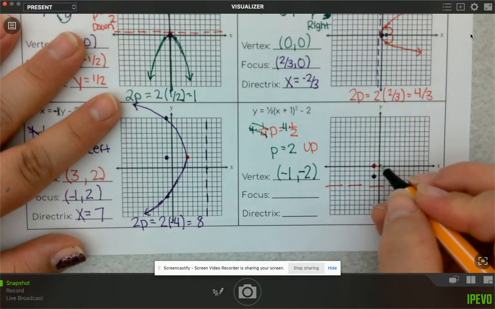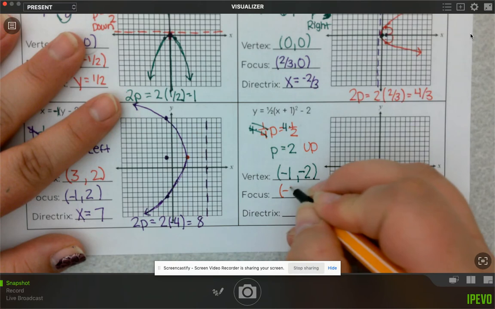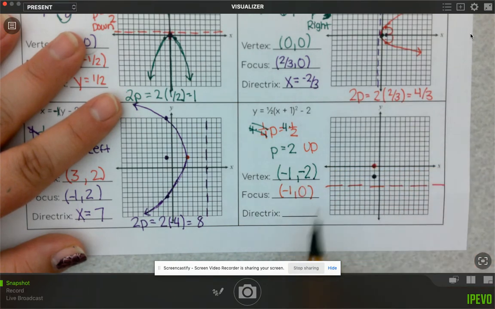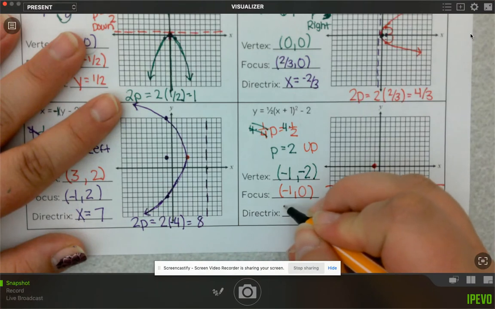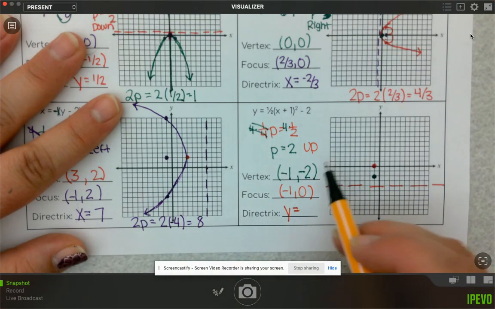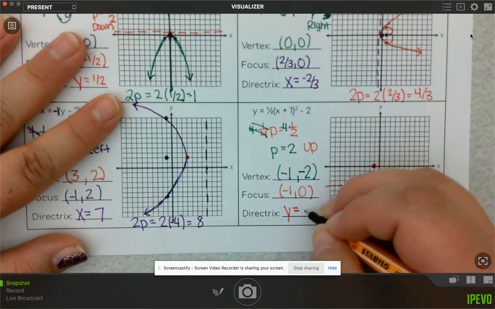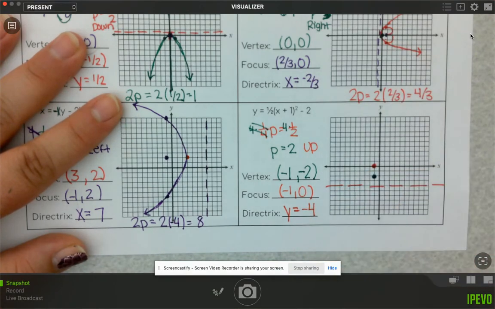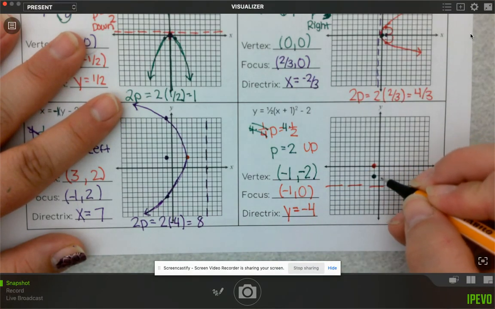So my focus is -1, 0, because -2 plus 2 is 0. And my directrix is y equals, because it's a horizontal line, and it was y equals here, so it'll be y equals here. -2 minus 2 is -4. Or I can count on my graph, 1, 2, 3, 4.